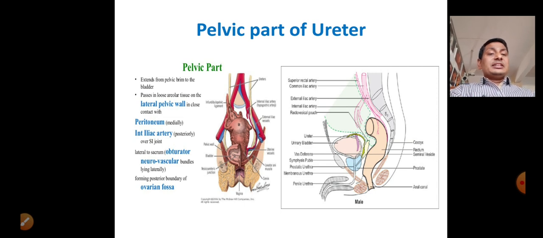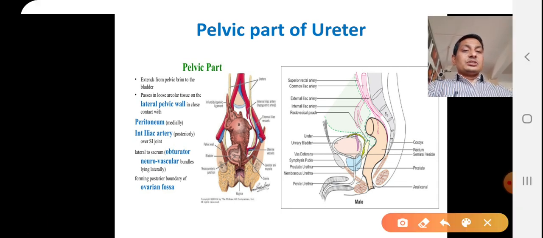In the pelvic region, there is a difference in male and female relations. In the male, it is related to the ductus deferens and also the seminal vesicle.